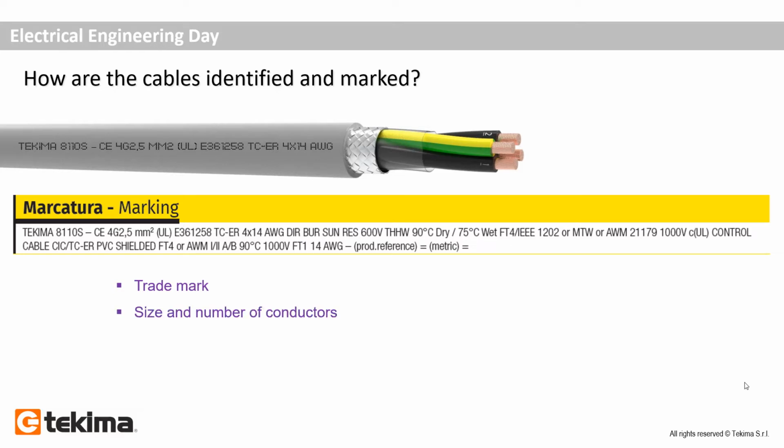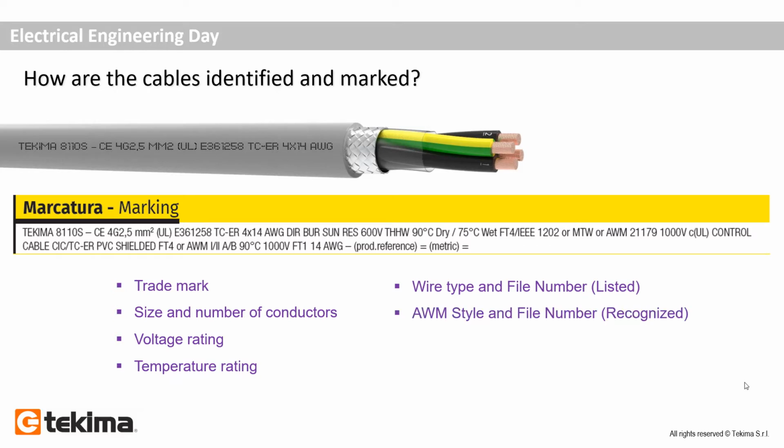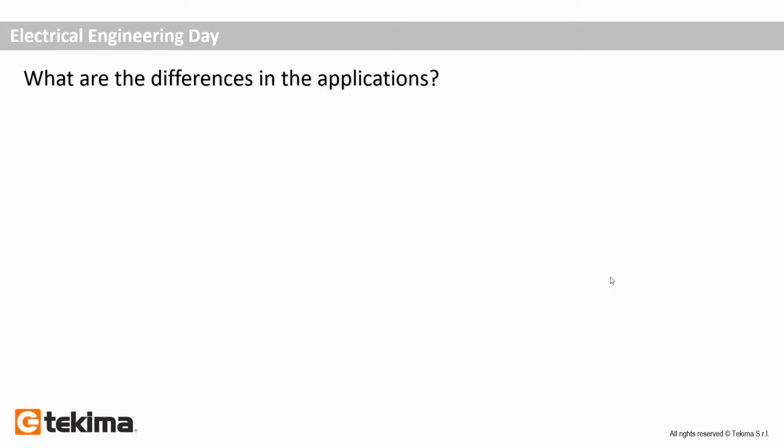Trademark, size and number of conductors, voltage rating, temperature rating, wire type and file number if it's listed, AWM style and file number if it is recognized, certification mark. All of this is mandatory. The other ones, like flame resistant, are optional. Sun resistant is optional too.